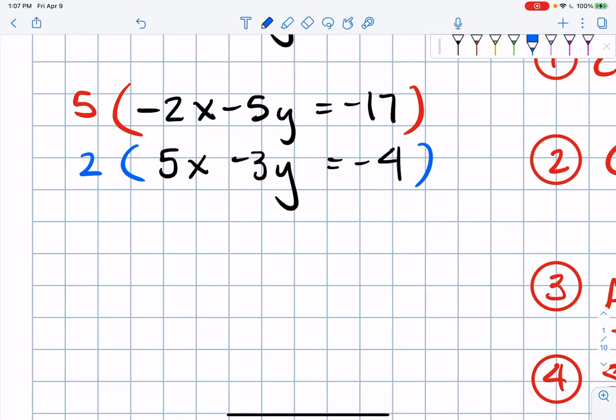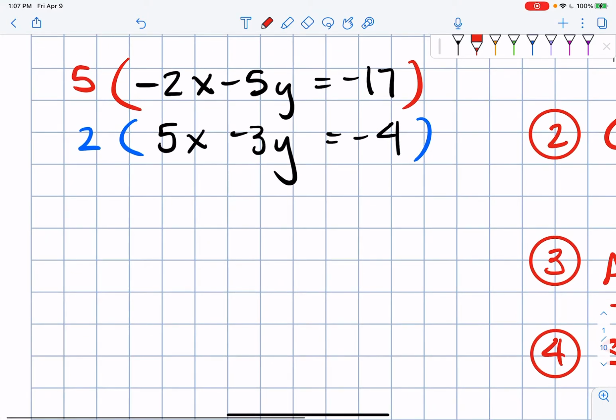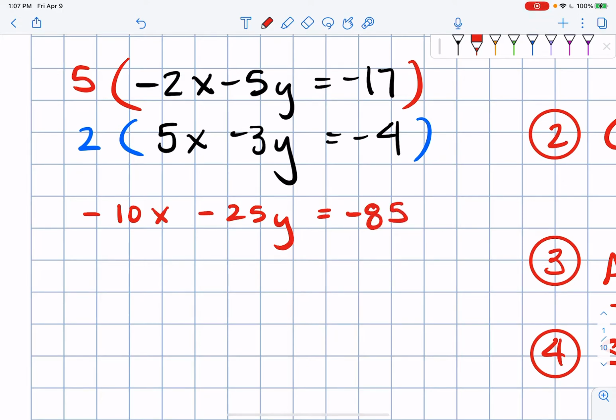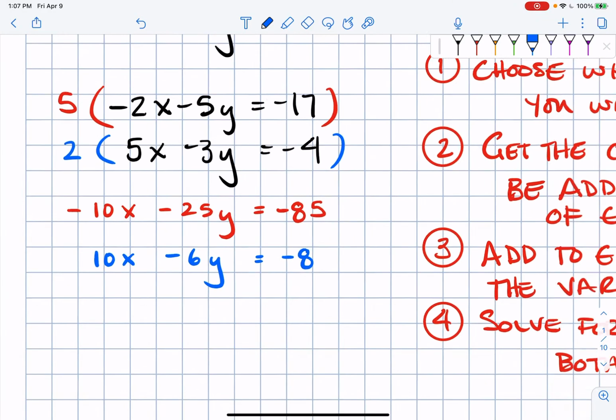So when I distribute this 5 all the way through, I'm going to have a negative 10x minus 25y equal to negative 85. And when I distribute the 2 through, I'm going to have a 10x minus 6y is equal to negative 8. Okay?